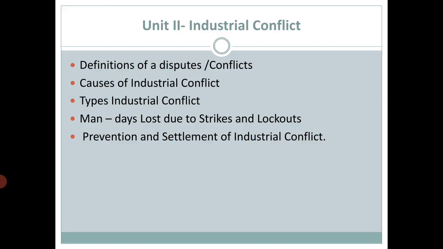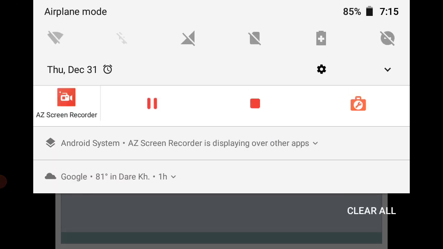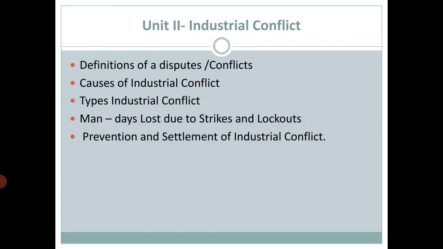That is dispute or conflict. Whenever these two parties, employer and employee, don't resolve their conflict, what is inevitable? That is strikes and lockouts.